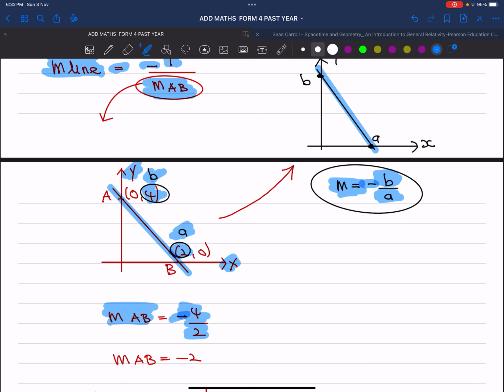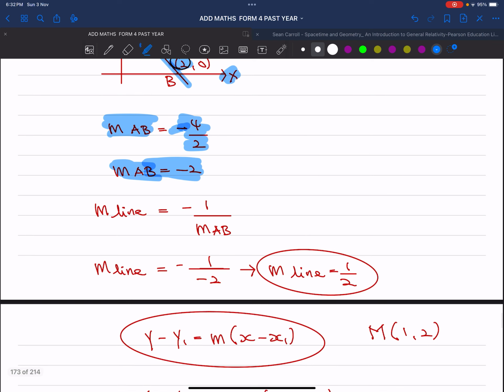So now our gradient of AB is negative 2. Don't forget, we need the gradient of the line, which equals negative 1 over gradient of AB. And the gradient of AB was negative 2. Negative and negative will give us positive. So the gradient of the line we are looking for is 1 over 2.